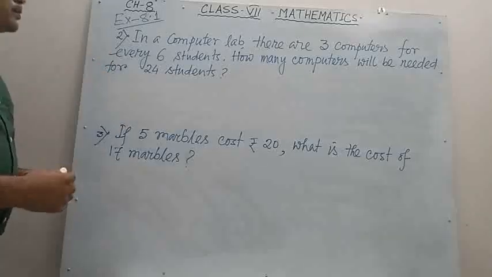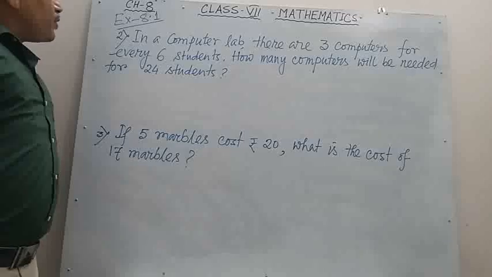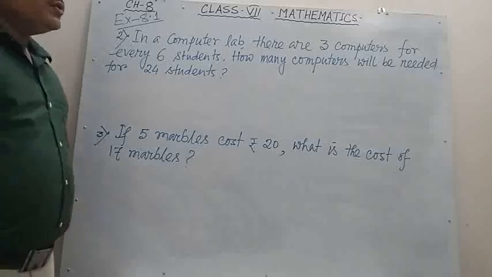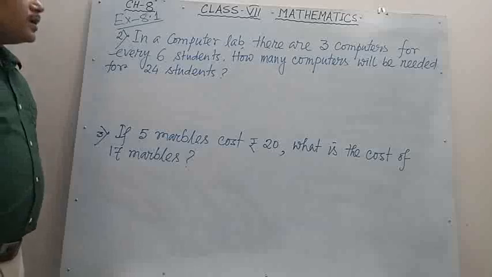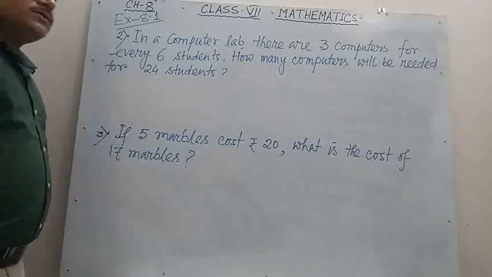Number 2, in a computer lab, there are 3 computers for every 6 students. How many computers will be needed for 24 students? Here, the ratio of the number of computers to the number of students is the same.